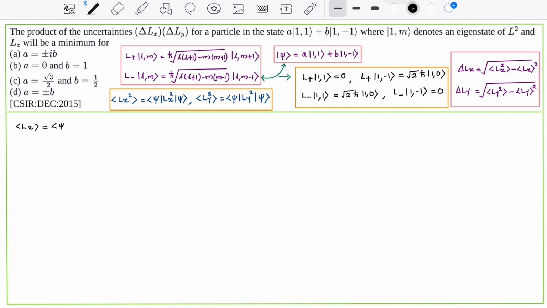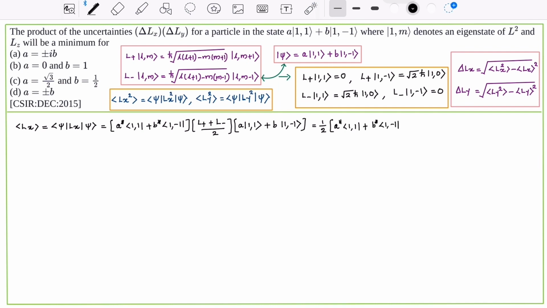First, let us write the expectation value of Lx, that is <psi|Lx|psi>, that is A star <1,1| + B star <1,-1|. Then what is Lx? Lx is actually (L plus + L minus)/2. Then we get psi, that is A|1,1> + B|1,-1>. This is equal to 1/2 times (A star <1,1| + B star <1,-1|).